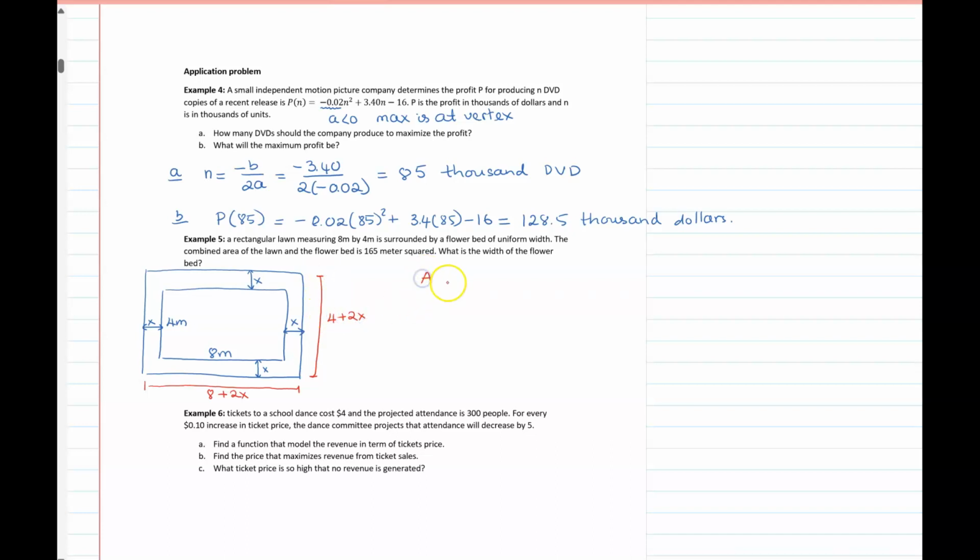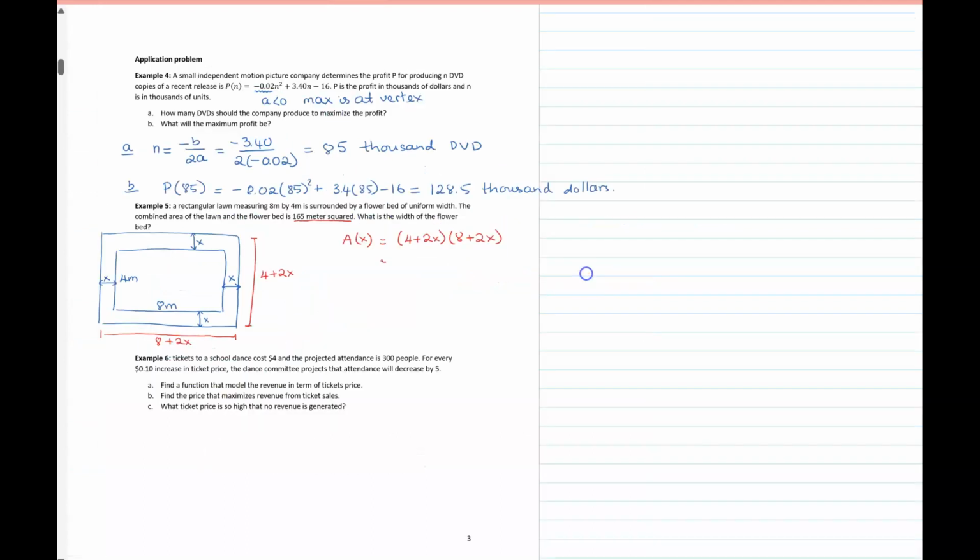So the area of the lawn and the flower bed together is 4 plus 2x times 8 plus 2x. Expanding this, we get, and combine like terms. We want the combined area of the lawn and the flower bed to be 165.